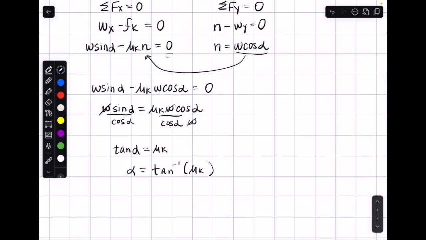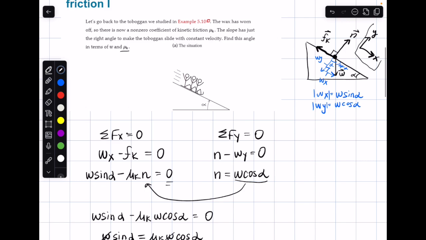You could write it the other way, but since we're solving for alpha, it's written this way. But in reality, what's going to change is the coefficient of friction, depending on how much angle you have and how much gravity is assisting you down the hill. But it's only going to change so much, right? Because there are some physical limits of what the coefficient of kinetic friction can be.